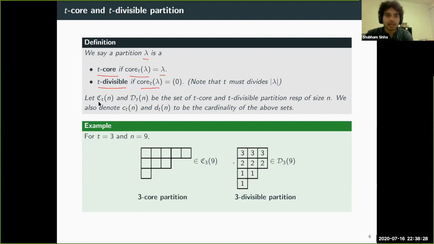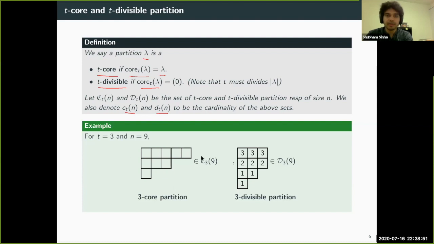Here we denote by C_t and D_t the set of t-cores and t-divisible partitions respectively. And the small c_t(n) and d_t(n) correspond to the number of t-cores or t-divisible partitions of size n.